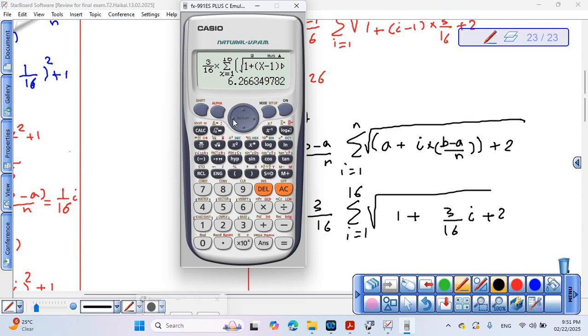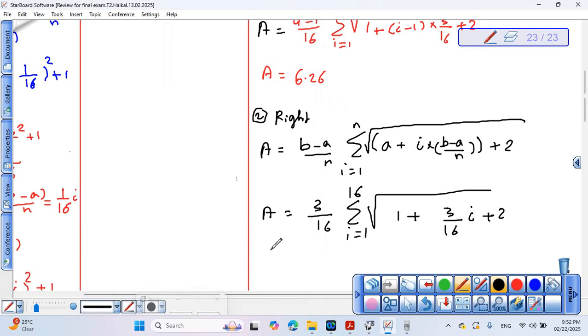The same here, just remove the minus 1, 3 over 16 i or x, the same. The answer is 6.4. Area equals 6.4.